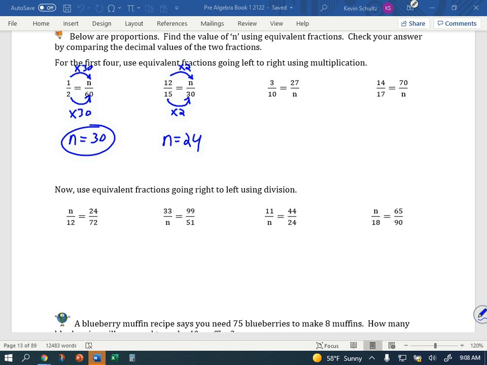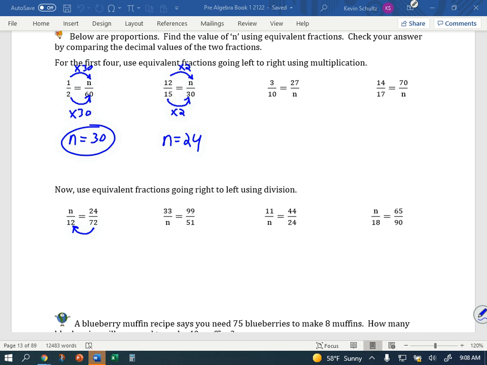Look at the next section, where our variable is now in the first fraction. How do we handle this? Haley? Oh. Now we're kind of working with division here. 72 divided by what number gives us 12?